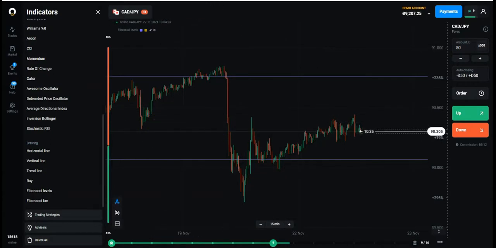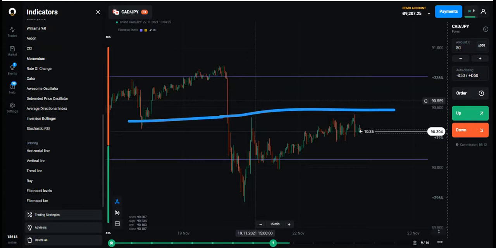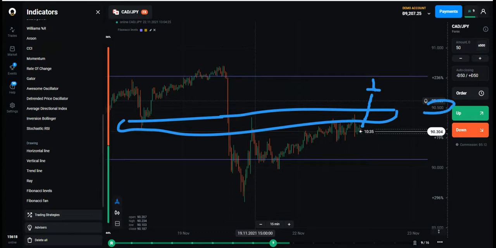What I do see here as well is a nice level. It's not very accurately drawn, but you could draw it as a zone here. And I would expect the market to break that and then create a reversal pattern. We also have the 50 level here that could add to the confluences for the trade and increase the probability.